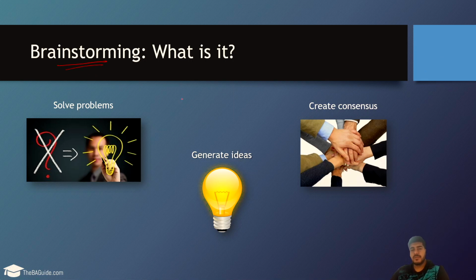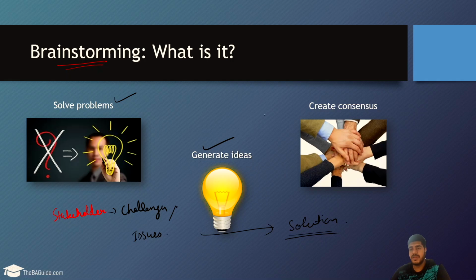Whenever you are doubtful, or the stakeholder only gives you a problem, like the current challenges or issues going on with the application, and you have to figure out a solution, brainstorming is the best technique to be used at that time. It is used to solve problems, generate ideas, and create consensus. So basically coming to an agreement with the entire team.